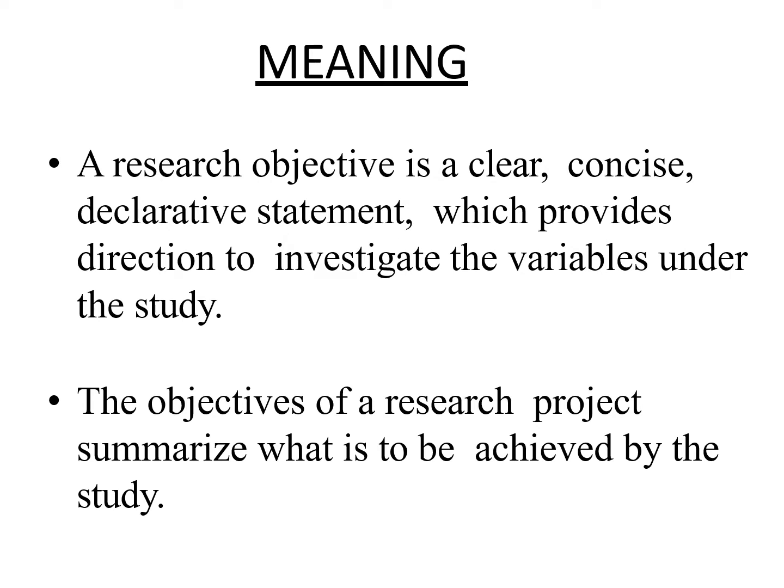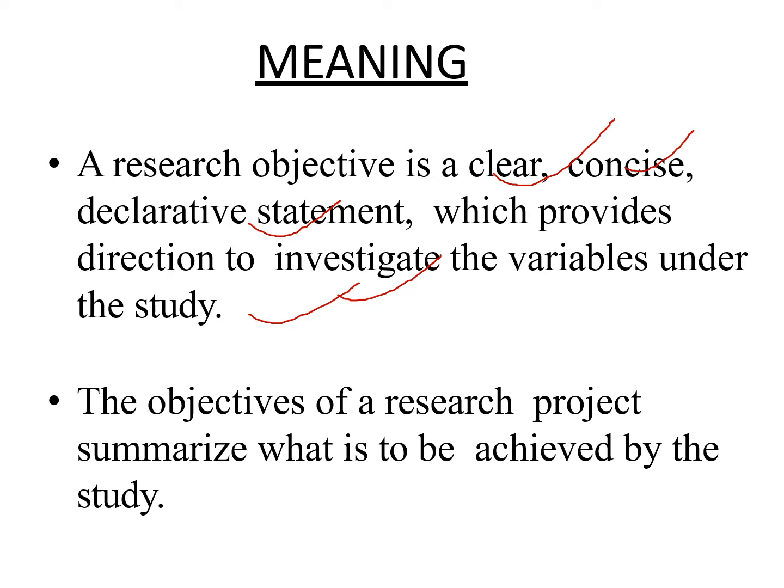A research objective has to be written clearly and concisely, in the form of declarative statements, which provide direction to investigate the variables under study. Already in the previous video, we discussed the various types of variables that need to be included according to the study types.